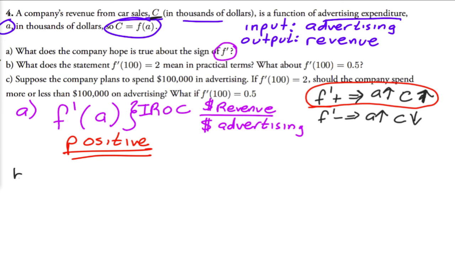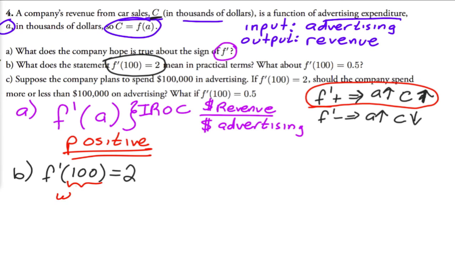Now B says, what does the statement F prime of 100 mean in practical terms? Well, what this means is that, remember, at the instant that the input is 100, here the input is advertising, and it's in thousands of dollars.